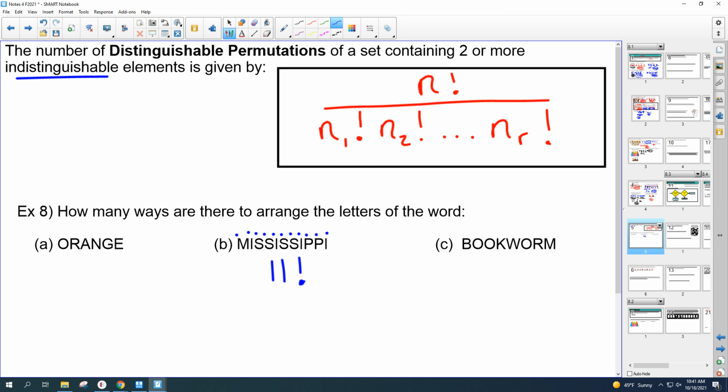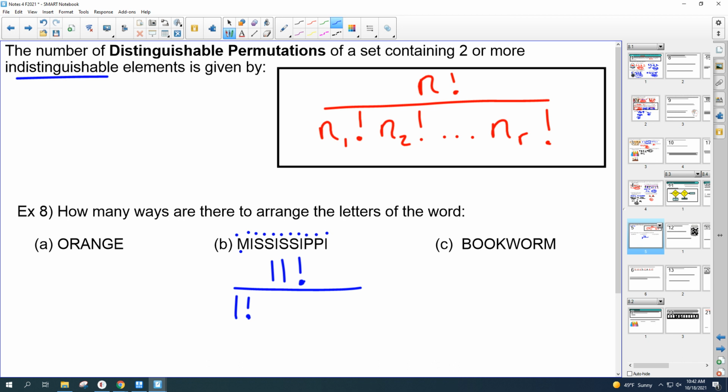If I'm trying to shuffle the letters and you just switch those 2 S's around, or shuffle the 4 S's, I'd never know. And so what this formula says to do is divide off the repeats, okay? So you're going to divide by, see how there's only 1 M? So 1 factorial.